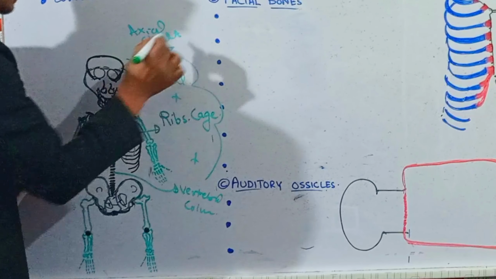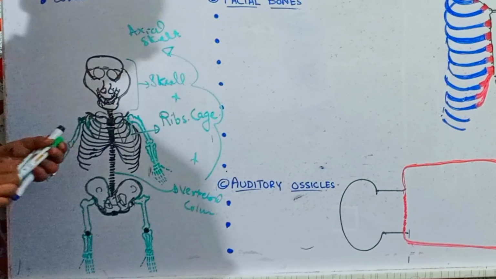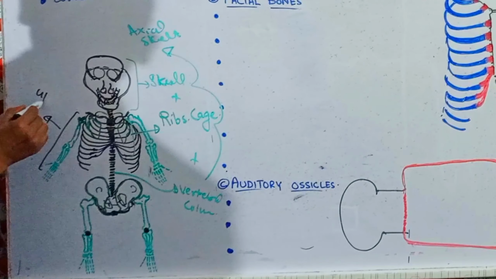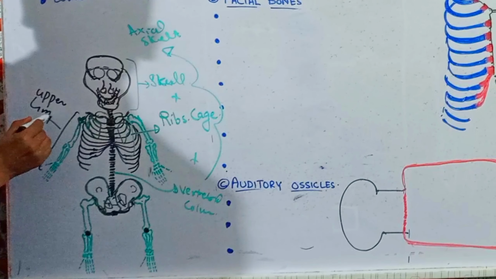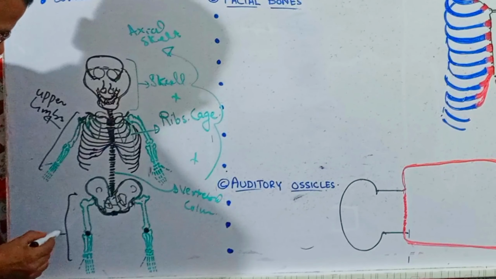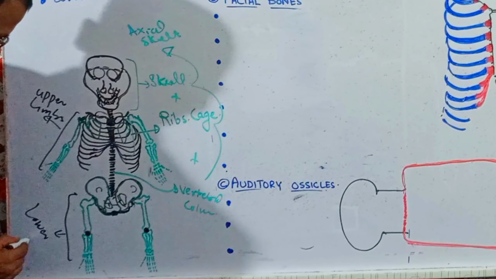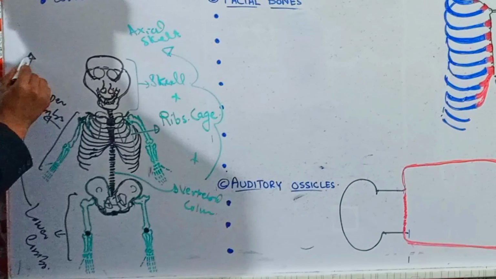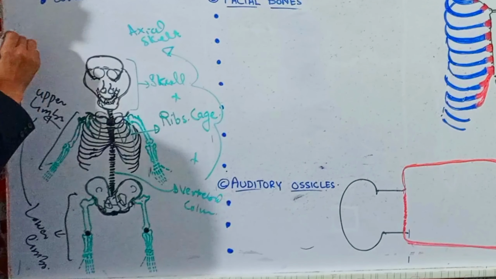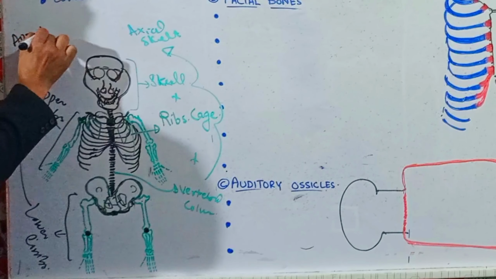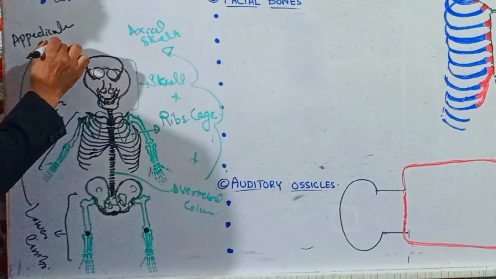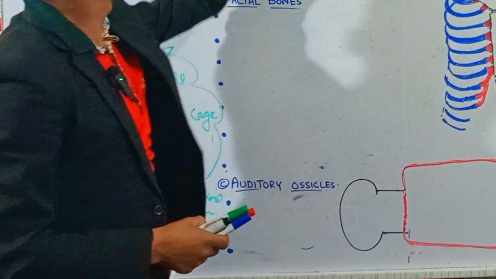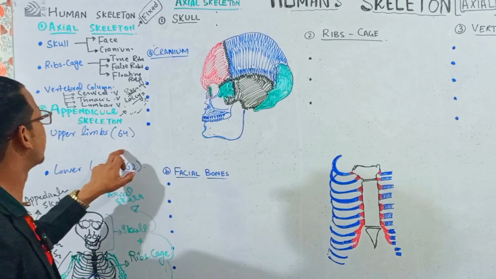And the green parts, these are the upper limbs, and these are the lower limbs. Both the upper and lower limbs make up the appendicular skeleton. Right, this is just the introduction of the axial and appendicular skeleton.